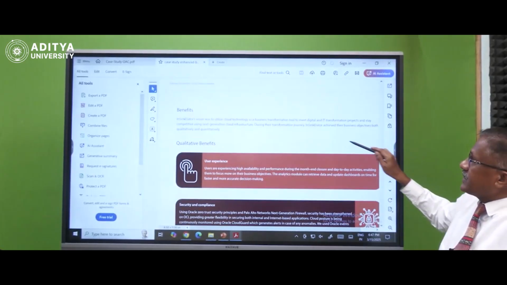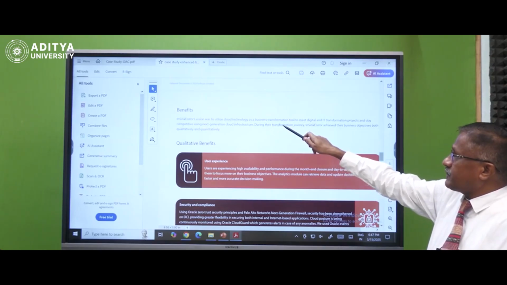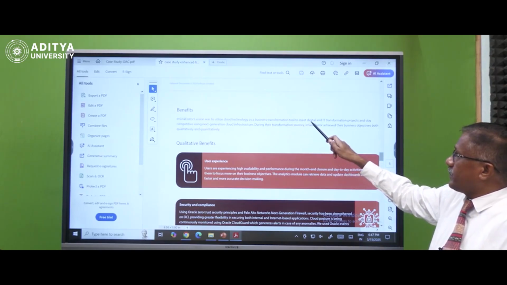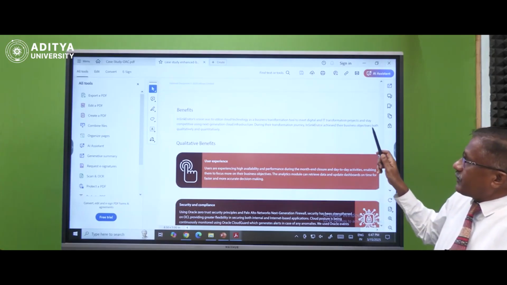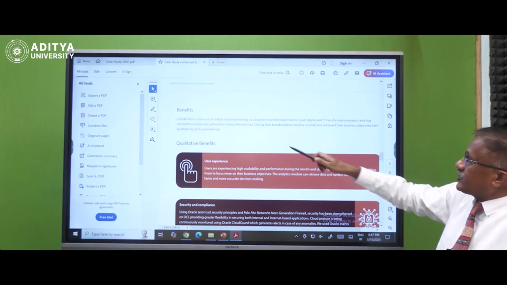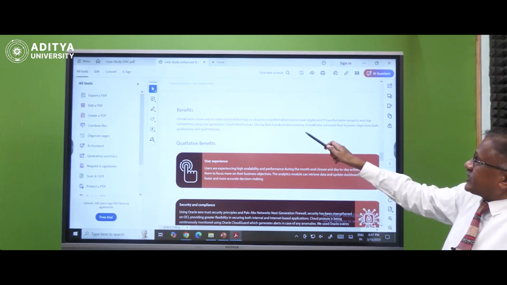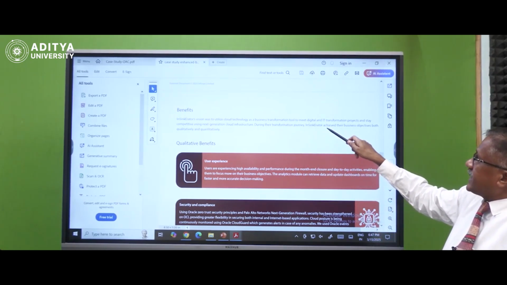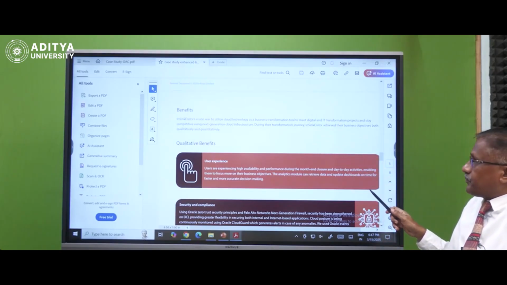What are the benefits? The company utilized cloud technology as a business transformation tool to meet digital and IT transformation projects. It also stays competitive using next-generation cloud infrastructure. During their transformation journey, InSinkErator achieved its business objectives both qualitatively and quantitatively.